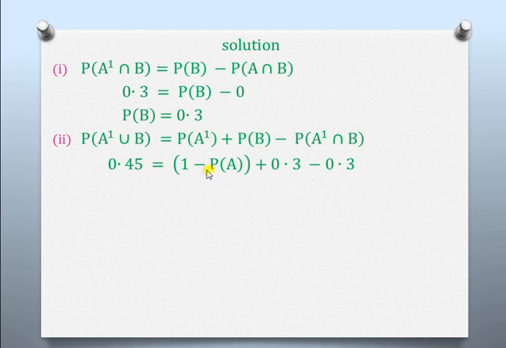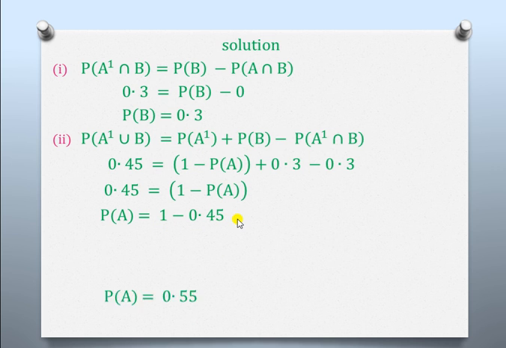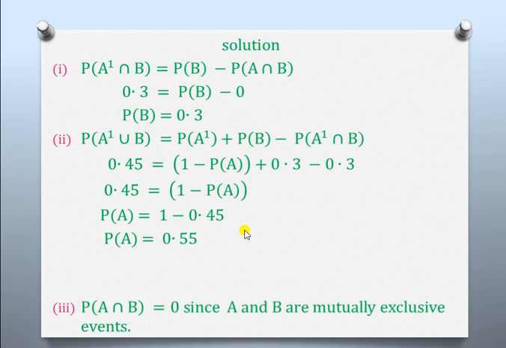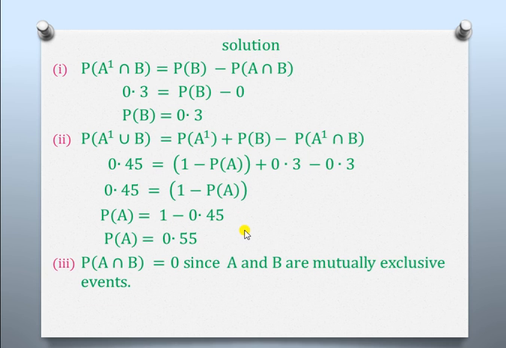But remember, it is as good as 1 minus the probability of A. And if you make the probability of A the subject, it will give you 1 minus 0.45, and that automatically gives us 0.55 as Roman 2. So you realize things are actually very easy.